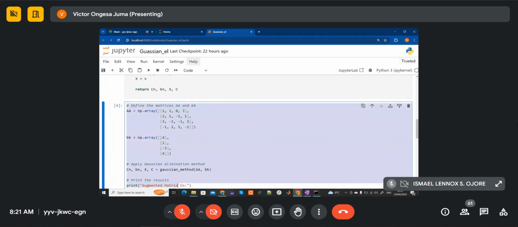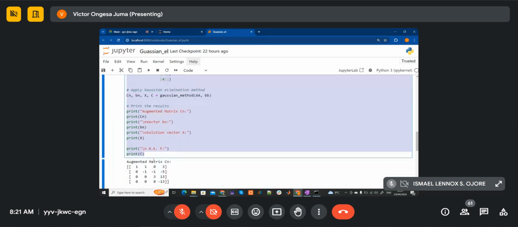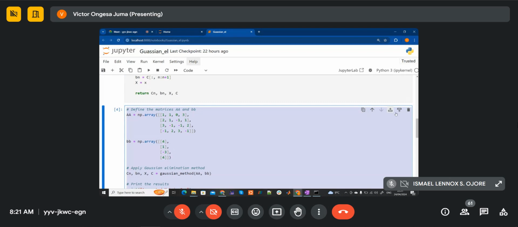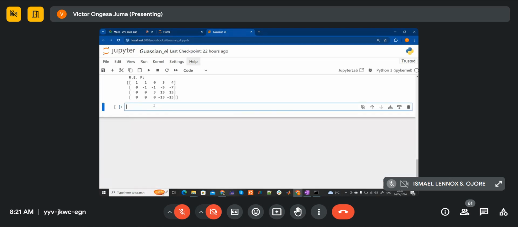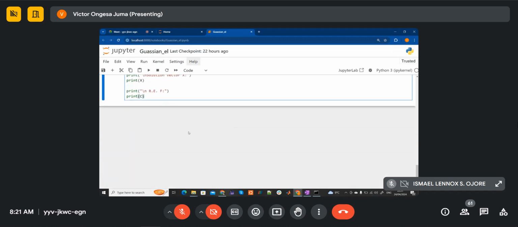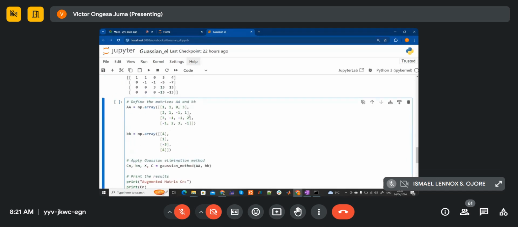I can just copy this code, and then I insert another cell below. So, does anybody have a matrix you want us to try? Yes, there was this one with the decimal places.